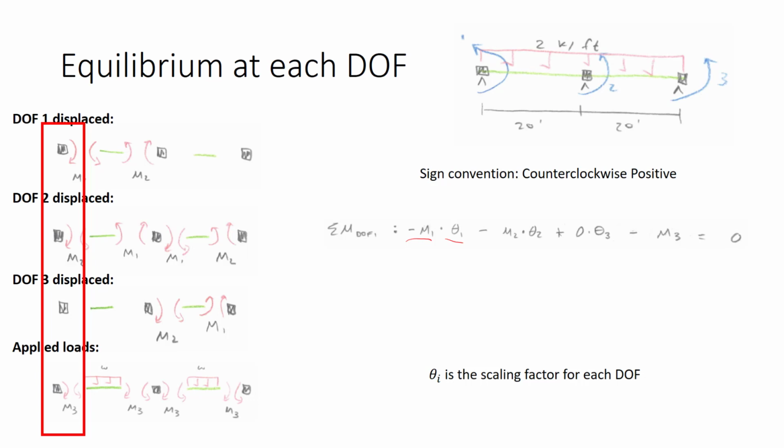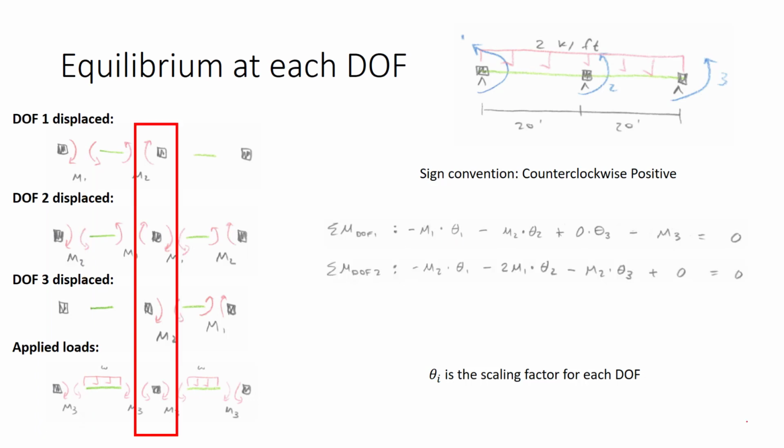Recall that M1 was obtained for a unit rotation, but what actually occurs is a rotation of unknown magnitude that we call theta 1. For degree of freedom 2, we have M2 with a negative sign times its scaling factor. For degree of freedom 3, there are no forces shown for degree of freedom 3, so we show 0. For completeness, we'll multiply that by the scaling factor. And then for the applied load, we have M3 acting in the clockwise direction, or again, negative.